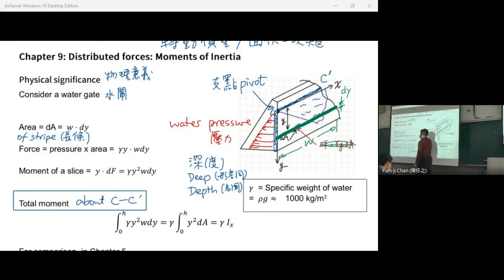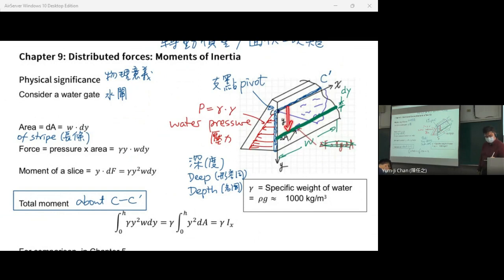So the force acting on the water gate on this area is force equal to pressure times area, right? 压力乘以面积. Pressure times area, so it is gamma y times W dy. Because the water pressure is higher if we go deeper, pressure is equal to gamma times y. Y is the depth of this point.